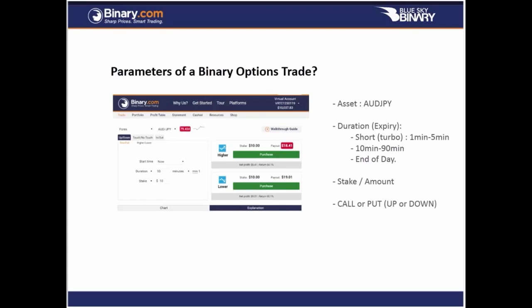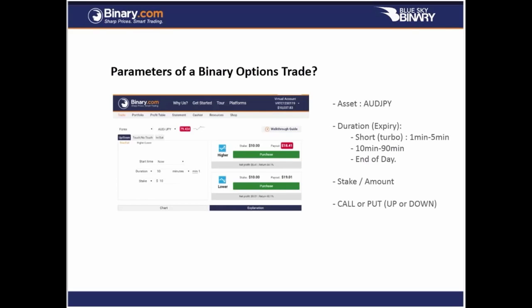Then you have to select an expiry for your option. And that expiry can be short, also called turbo, and those are the expiries that go from 1 minute to 5 minutes. It can be standard, so it can go from 10 minutes to 90 minutes, or it can also be an end of day expiry.